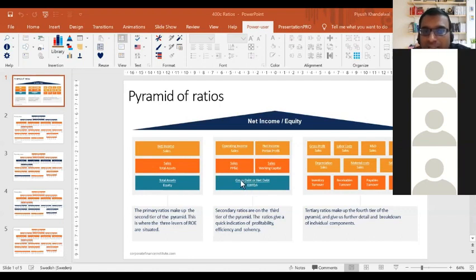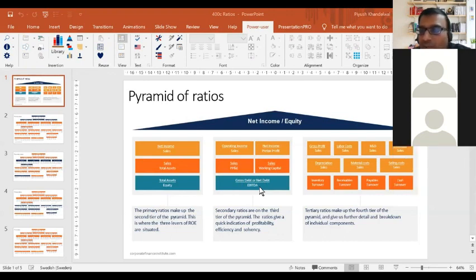The last ratio which is there, net debt by EBITDA, gives a good indication about solvency. Okay, and sales by PPE and sales by working capital give a good indication about the efficiency of these items.